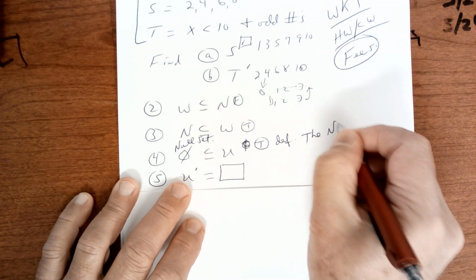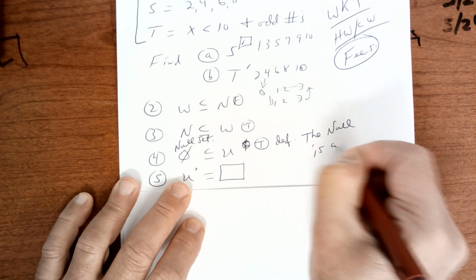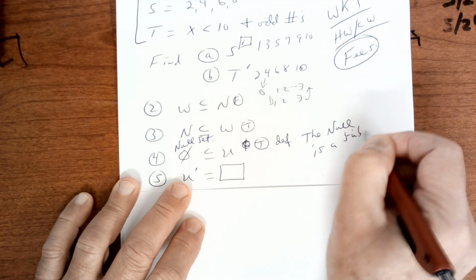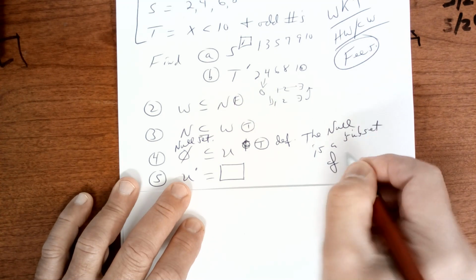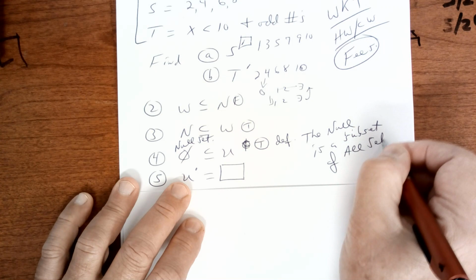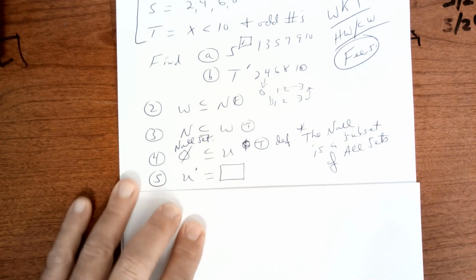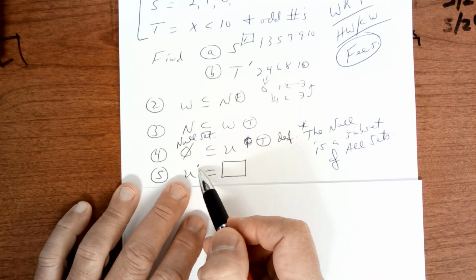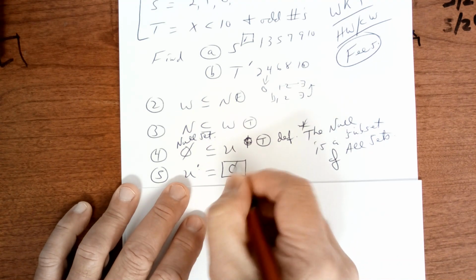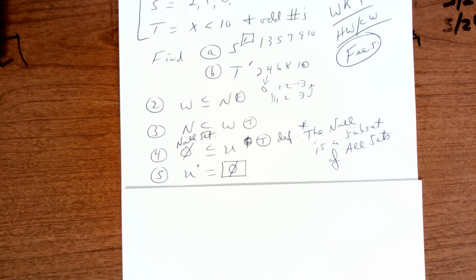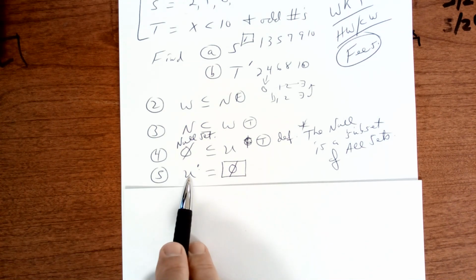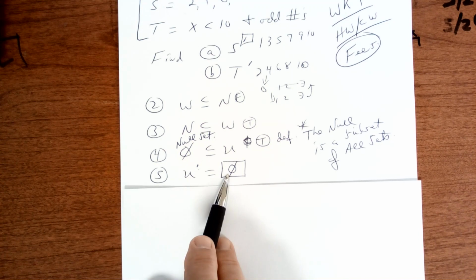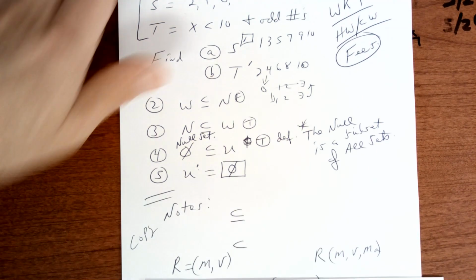The null set is a subset of all sets. Memorize that. The complement of the universal set is the null set. Right? If you take everything in the universal set and then you want everything that's not in it, it would be the null set. Okay, copy down these notes.